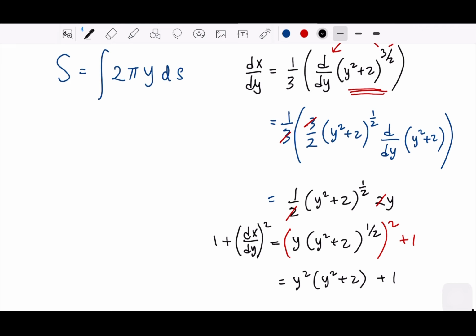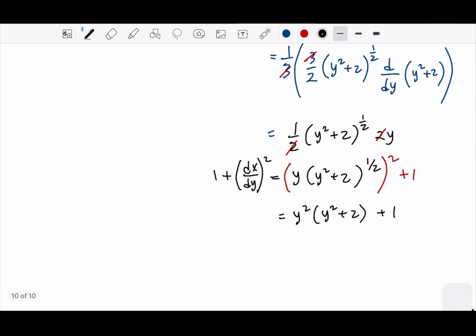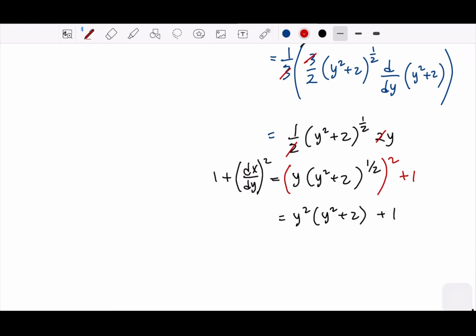Okay, can we simplify this? I think we need to check. So y to the power of 4 plus 2y squared plus 1. I think this is a perfect square formula, a squared plus 2ab plus b squared, right? Can you see? Yes. Okay, yeah.